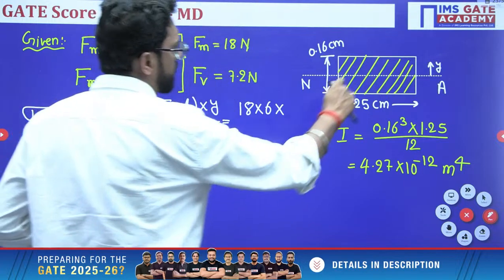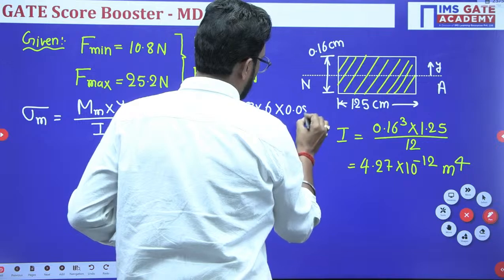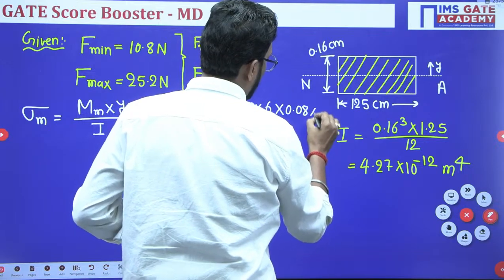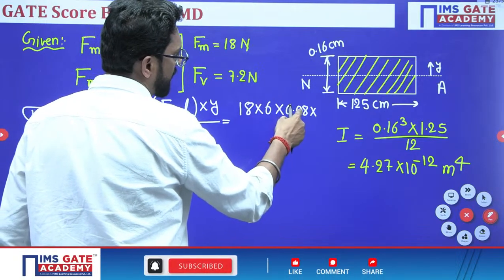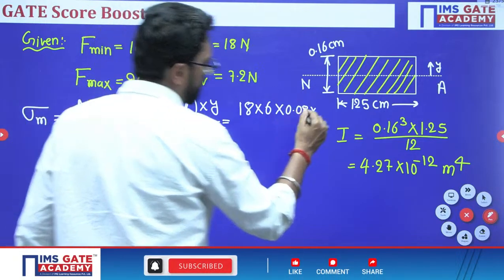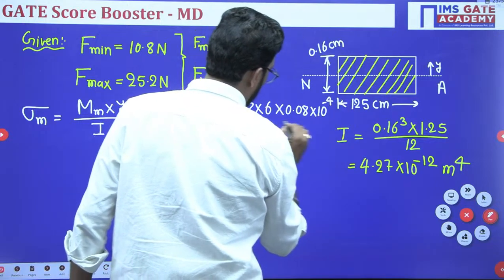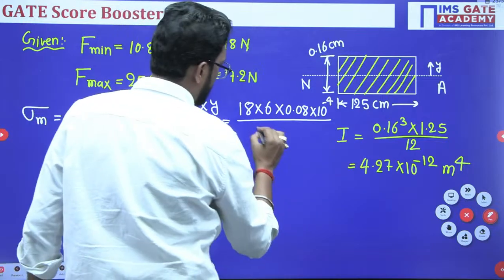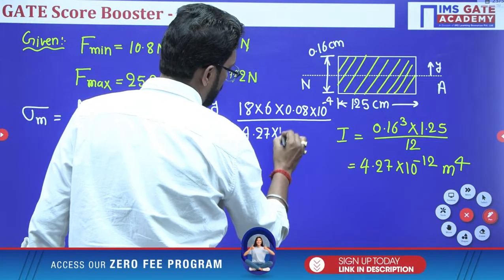Y is 0.16 divided by 2, that means 0.08 centimeter, 10 to the power minus 2 meter, so 10 to the power minus 4 here, divided by I, 4.27 cross 10 to the minus 12.